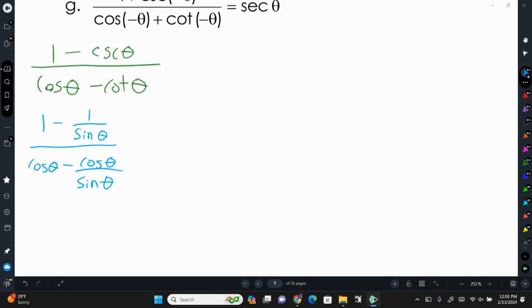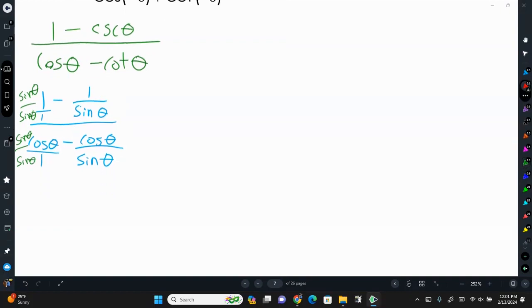So now what I'm going to do with this, this is over 1, this is over 1, is get common denominators by multiplying this first fraction by sine over sine, and then this one by sine over sine.